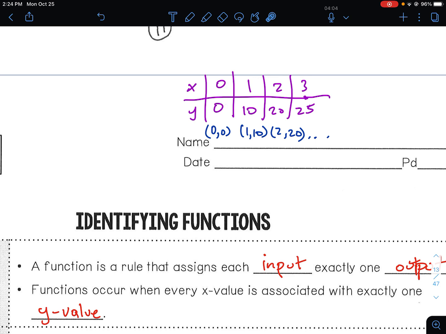You interpret the story by looking at it this way. Let's say x is time and y is distance. At 0 minutes, the person is 0 meters away from home. At 1 minute, the person is 10 meters away from home. At 2 minutes, he's 20 meters away from home. At 3 minutes, he goes a little slower because he's only 25 meters away.